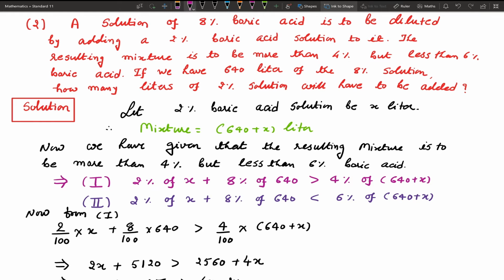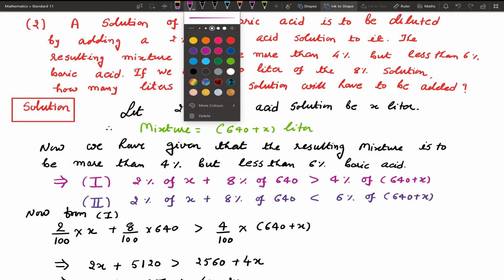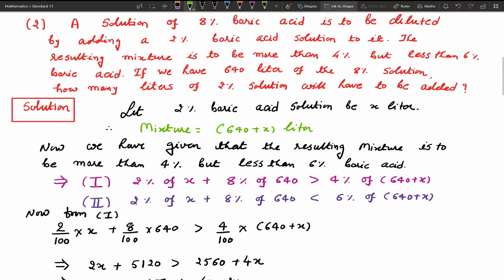Focus on this specific word because it will be very useful when we construct the inequality. More than 4% and less than 6% boric acid. If we have 640 liter of the 8% solution, how many liters of 2% solution will have to be added?